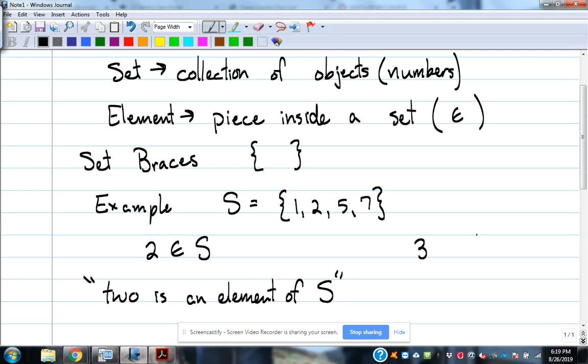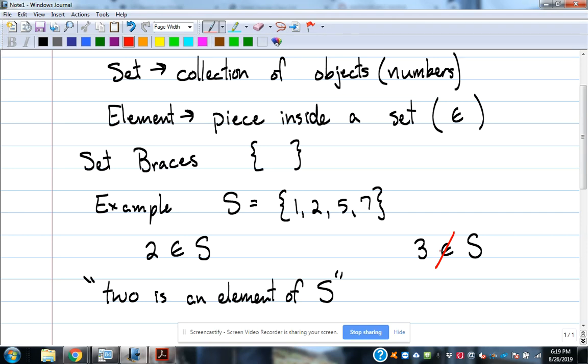Is 3 in S? Is it an element of S? No. So if we want to say something's not an element of a set, do the little epsilon, and then in math, to make something not, you put a slash through it. And I used a different color slash, but you don't have to.